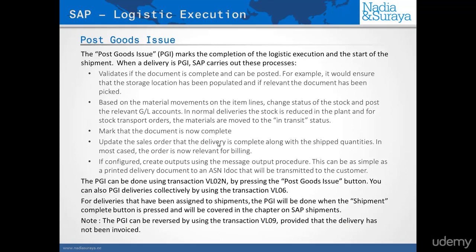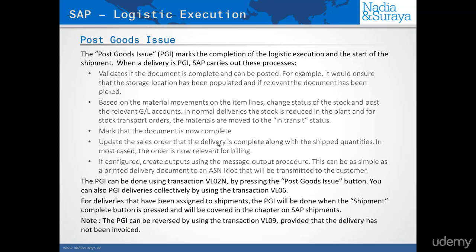Also, when you do the PGI, based on the material movements, which we will look at in the demo, it changes the status of the stock and, if relevant, posts to GL accounts. For normal deliveries, this means that the stock is reduced in the plant, and for stock transport orders, the material will be reduced in that plant and moved into an in-transit status.